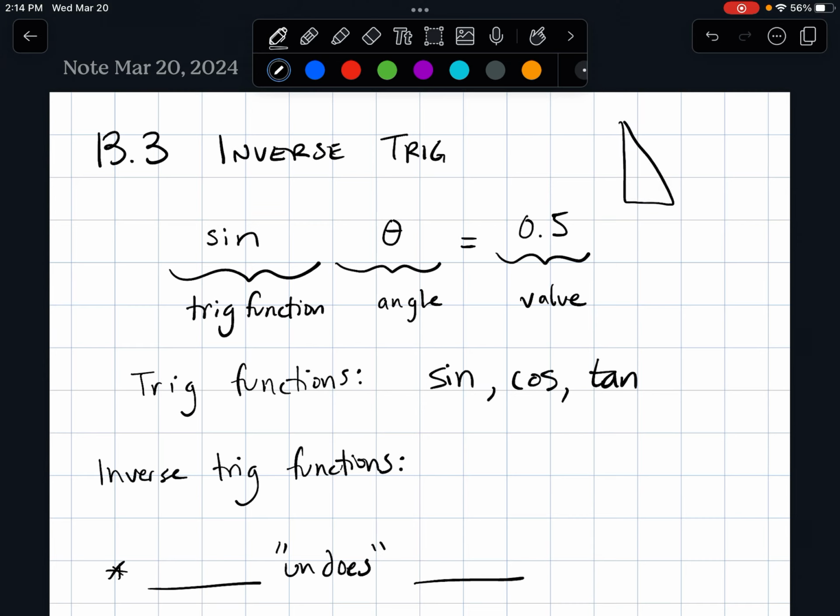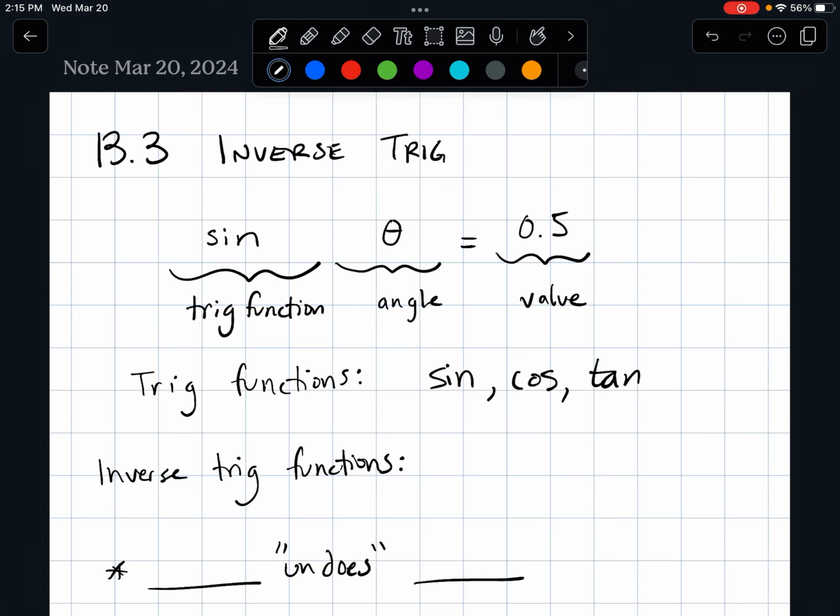If I had a triangle like this, and maybe this angle is 30 degrees, this side was x and this side was 4, well, I could say that the sine of 30 equals x over 4, right? Because we're looking for a missing side. So in 13.2, we talked about how to find missing sides using sine, cosine, and tangent. But now we're going to talk about how to find missing angles, all right?